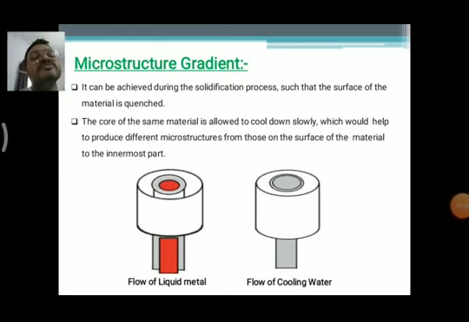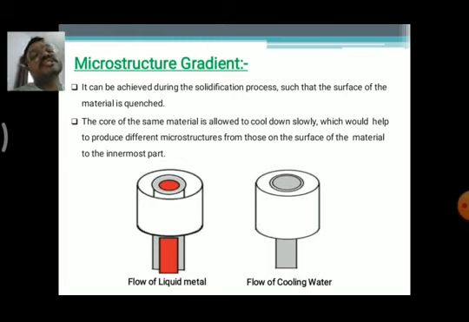The left side one is in the process of solidification, and the right side one is the cooling of the solidification process. By quenching with water or cooling water, it can be cooled slowly, but on the left side heat is held in the solidification process.